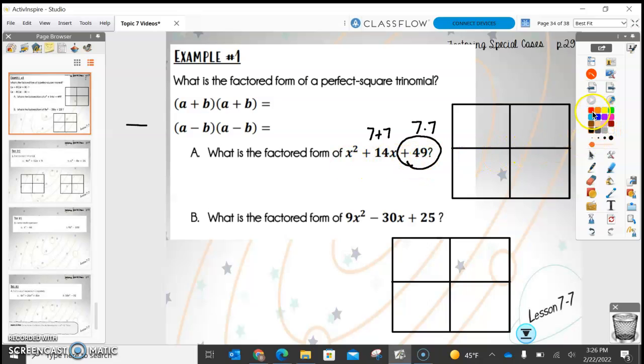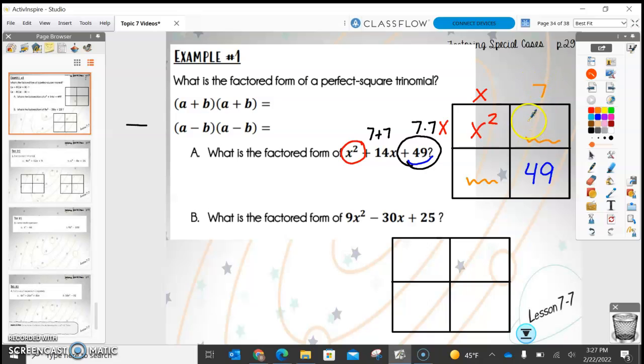Now, one thing I can't stress enough is that you can still do these with your generic rectangles, like the normal factoring. So x squared would go in the top left, and I have x times x. 49, my last term, would go in the bottom right box. I would be thinking, what two numbers could I multiply to get 49 but add to 14?